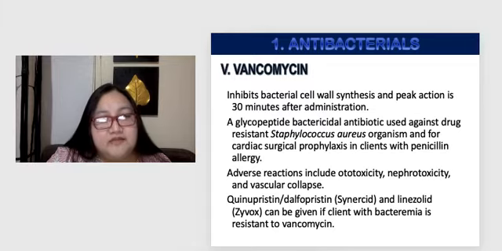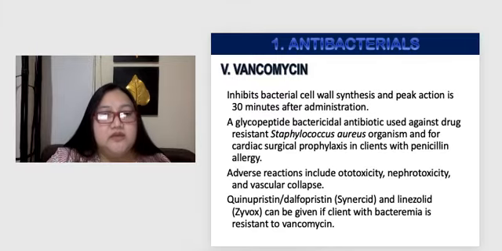Pag sinabing red man or red neck syndrome, magkakaroon yung patient ng red blotches on the face, on the neck, minsan pwede din sa chest. If you look at it, no, mukhang may red blotches, para siyang allergy. But if it is caused by too rapid injection of vanco, that is not an allergic reaction. It's a toxic effect. So it's very important that you give vanco not as a rapid IV injection but as an infusion.